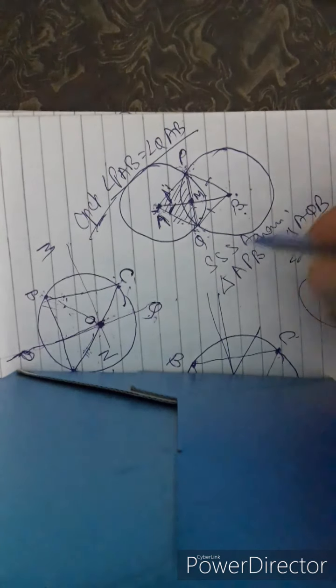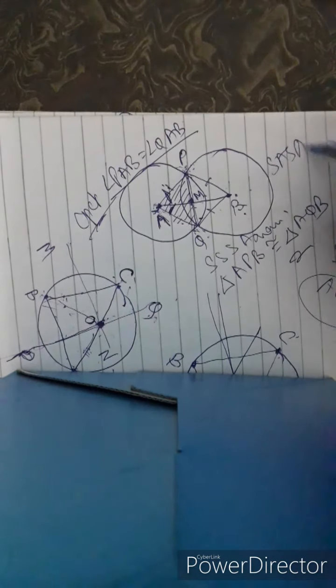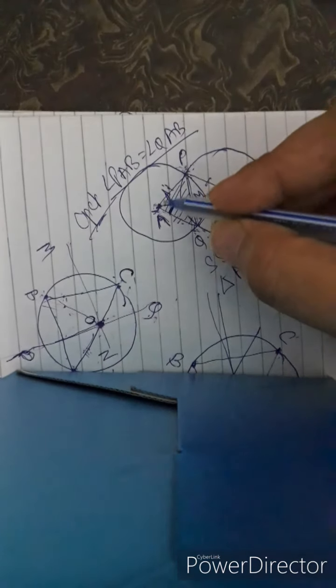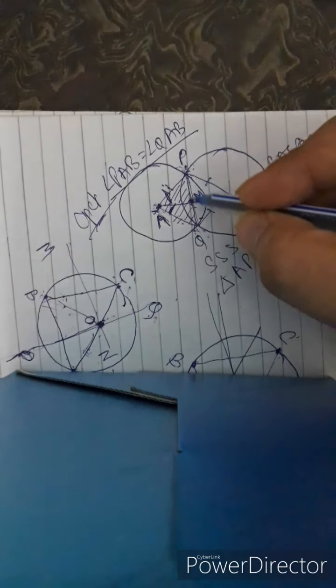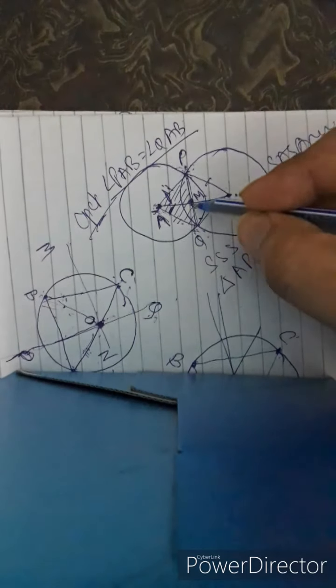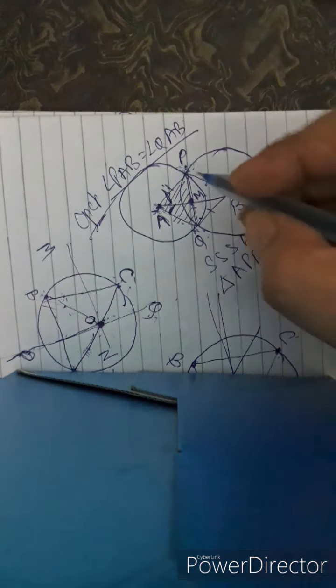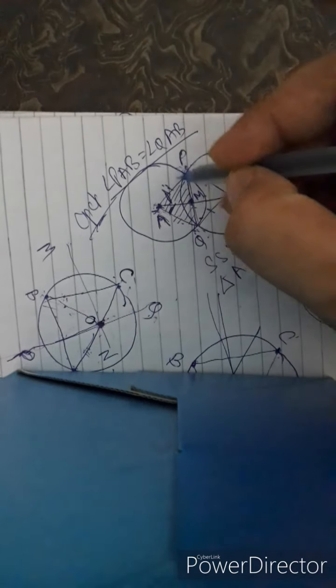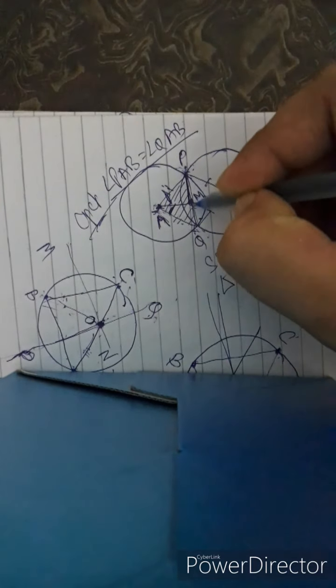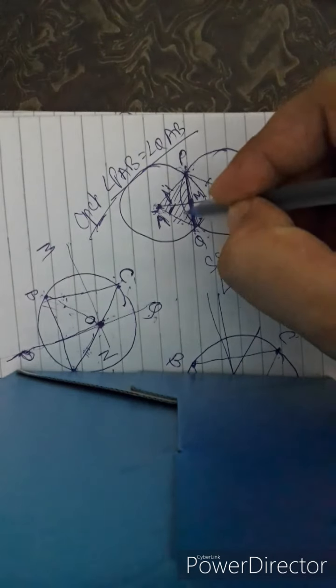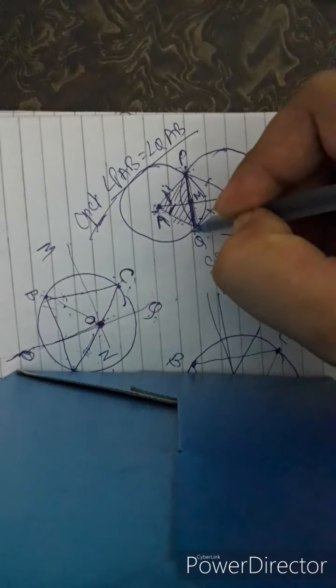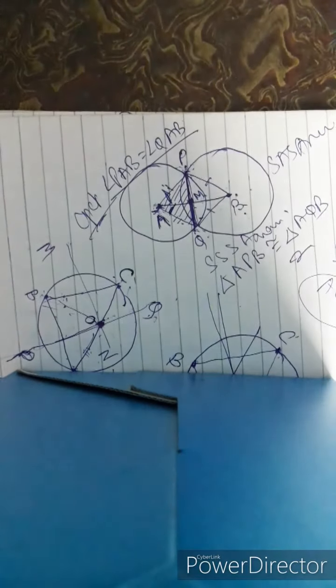So by SAS axiom we can prove that triangle PMA is congruent to triangle QMA. After proving their congruency, again by CPCT, PM equals QM and angle PMA equals angle QMA. I hope you got me.